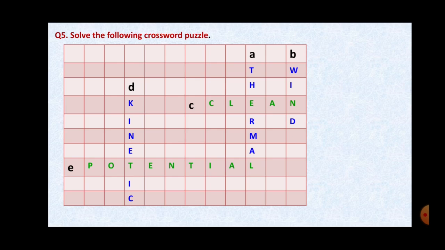It is C, clean, CLEAN. Fourth is, dash energy of wind is used in windmills, that is kinetic, D, KINETIC. And the fifth one is, dash energy of water in dams is used for generation of electricity. It is E, potential. Okay, very clearly I had shown you. You have to draw this in your notebook.